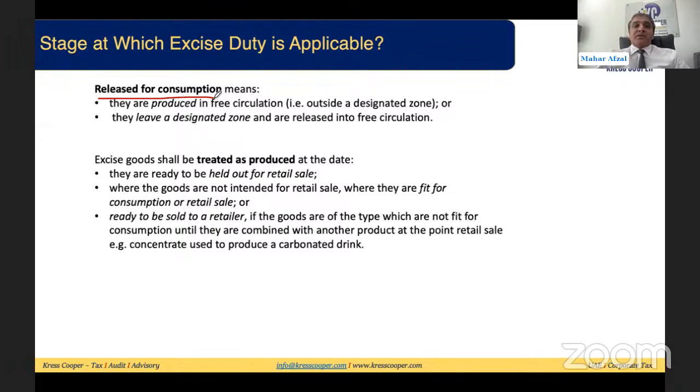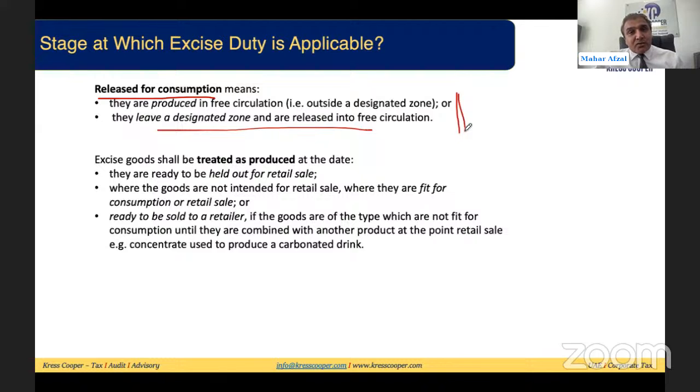Goods will be considered released for free consumption when they are produced in free circulation. Whenever goods are produced outside a designated zone, it will be considered release for free circulation, free consumption, or when they leave a designated zone and are released into free circulation. Whenever any of these conditions is fulfilled, we say the goods have been released for consumption.